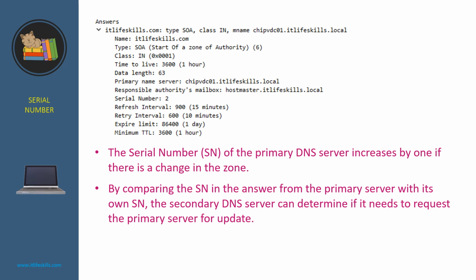In this example, if OPVDC01 finds its serial number less than 2, then OPVDC01 will request GPVDC01 to update its DNS records for the itlifeskills.com zone.